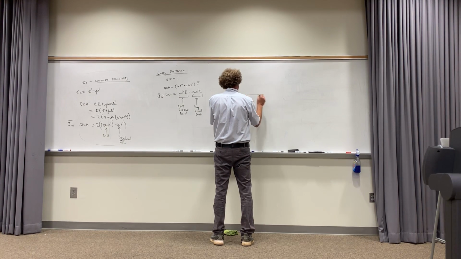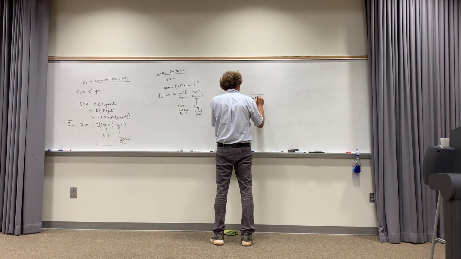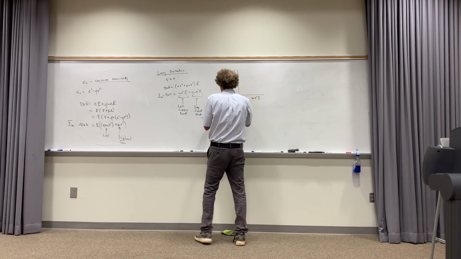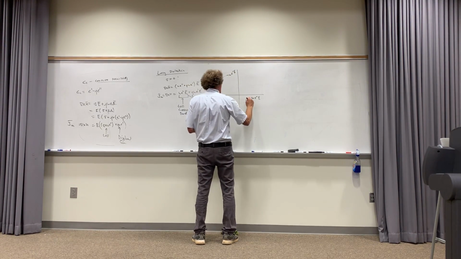On the horizontal axis, we put what I call the loss current density, omega epsilon double prime E. And on the vertical axis, we plot simply omega epsilon prime E. That's the displacement current.